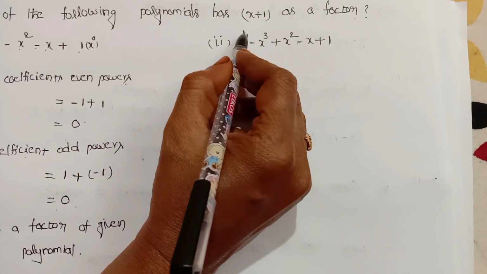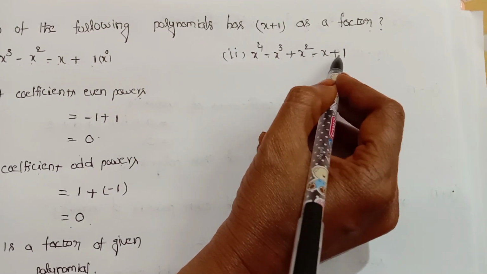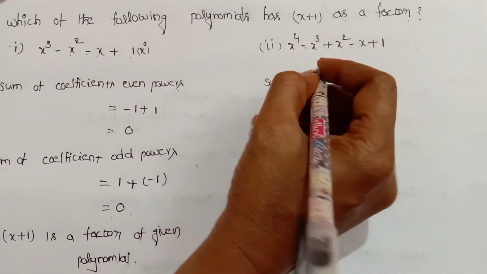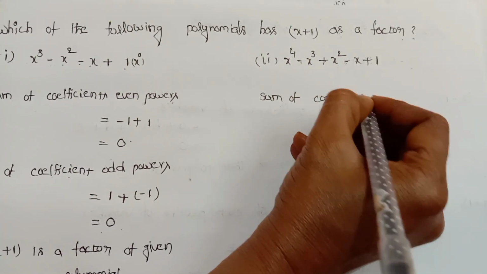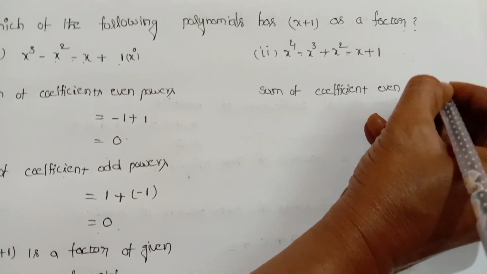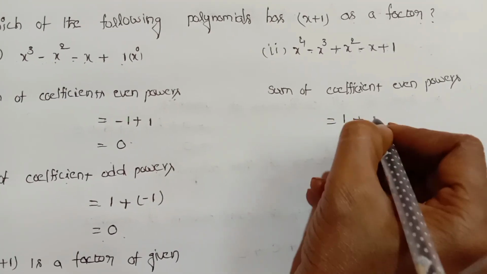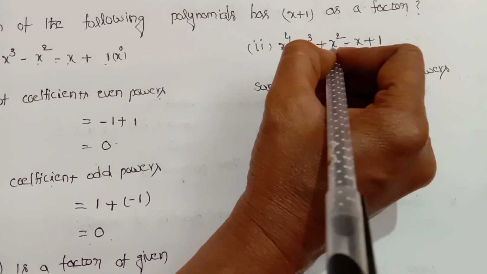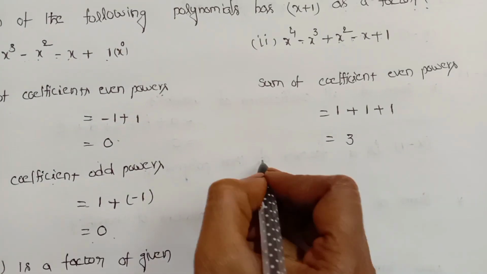Second one, x to the power of 4 minus x cube plus x square minus x plus 1. Sum of coefficients of even powers: 1 plus 1 plus 1, that is equal to 3.